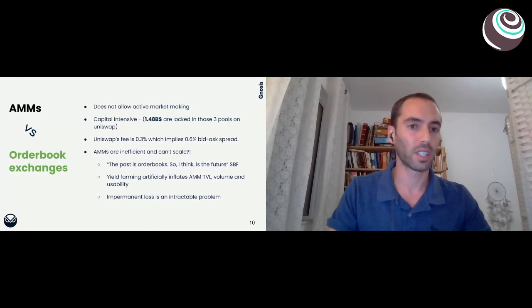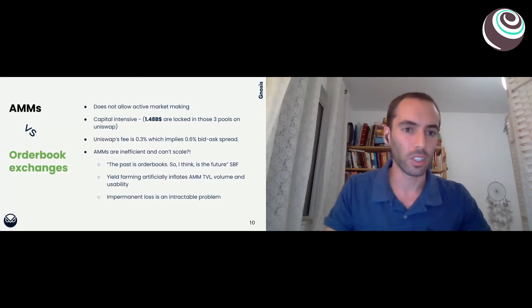So it's very, very capital intensive. This is a disadvantage of AMMs versus order book exchanges. Usually the fees on AMMs are high, and I think this comes to compensate for the risk of impermanent loss.